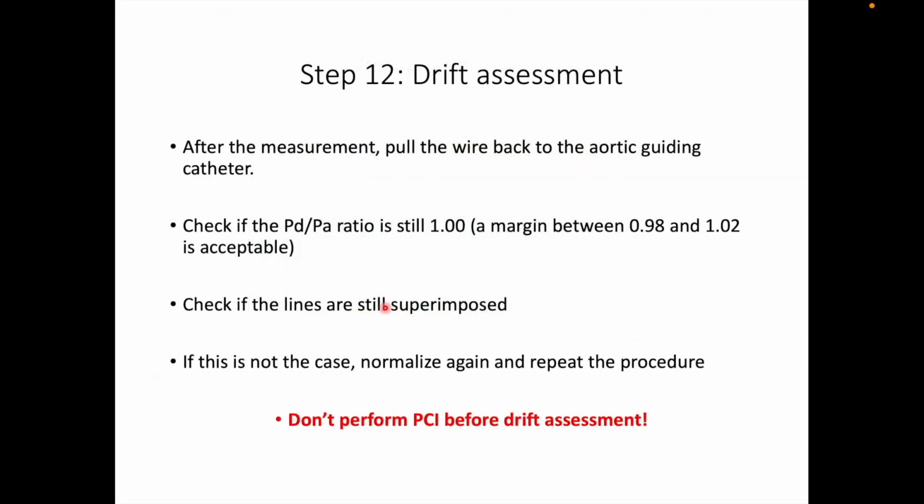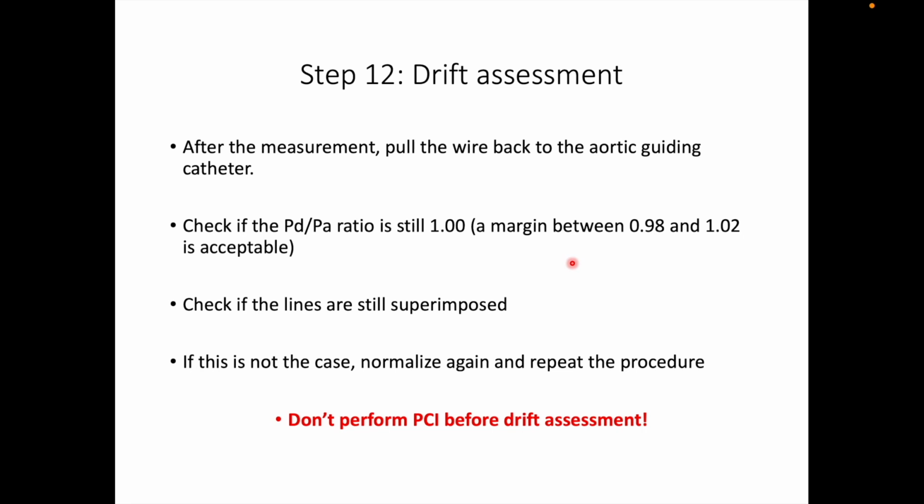So once you've done the whole recording, your number is still not a verified FFR number unless you confirm for drift. One drift I showed you: if the two waveforms are both in V shape, that's a drift. You've lost your normalization.